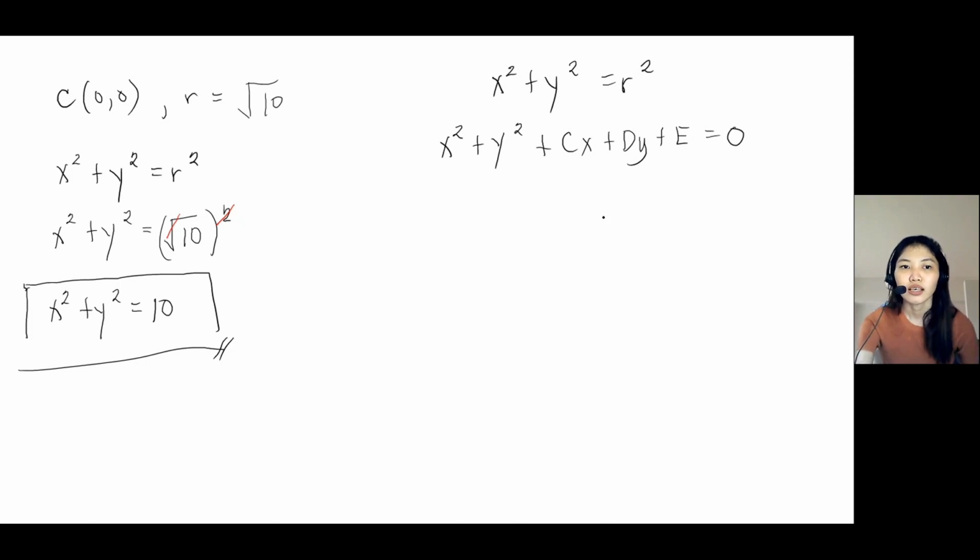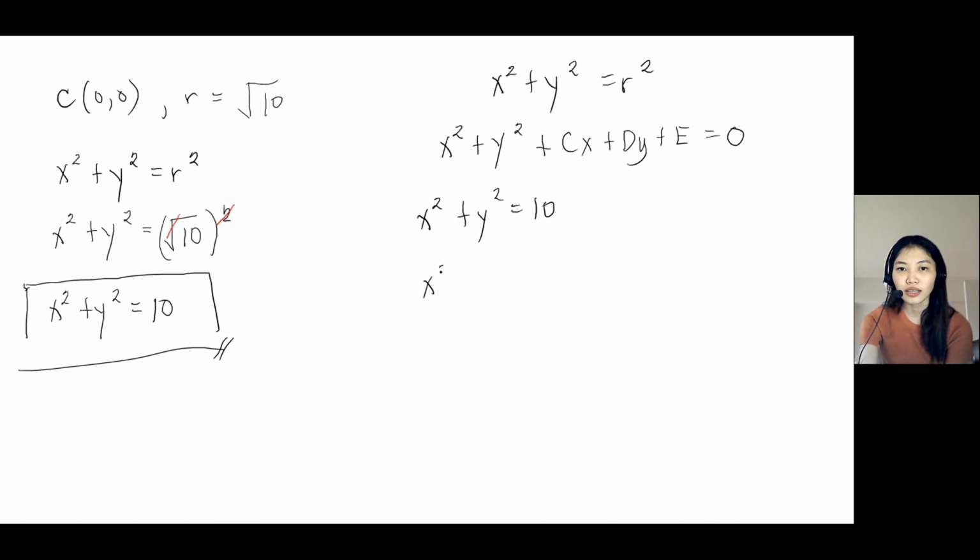Okay, so let's try to transform this x squared plus y squared is equal to 10. Again, 0 lang dapat yung nasa right hand side. So, ibig sabihin, itong 10 na to kailangan nating ilipat sa left side. Using addition property of equality.